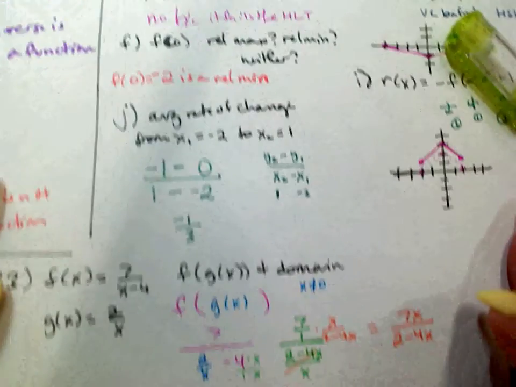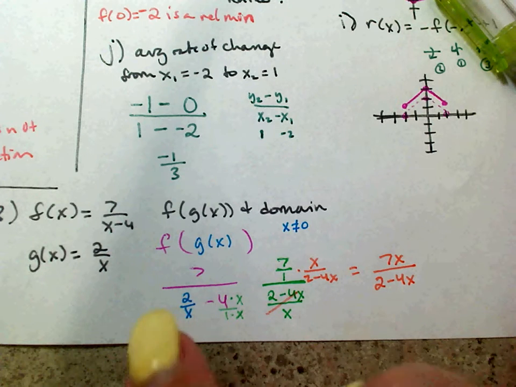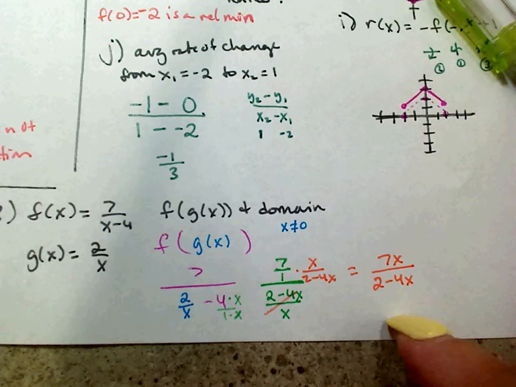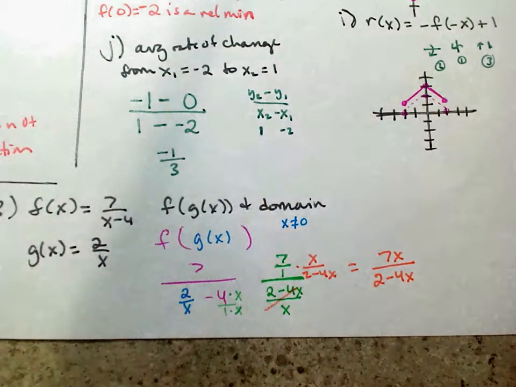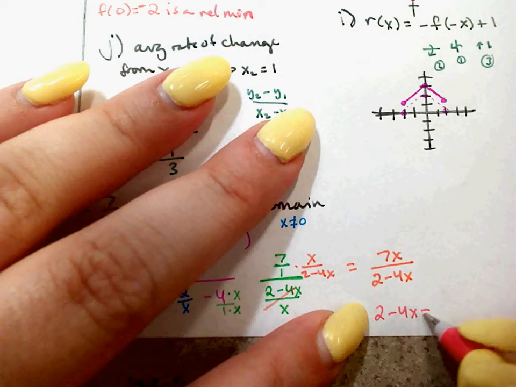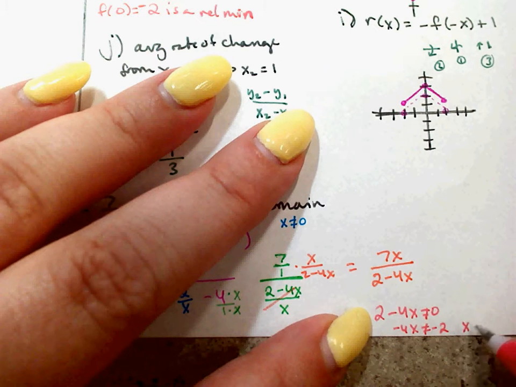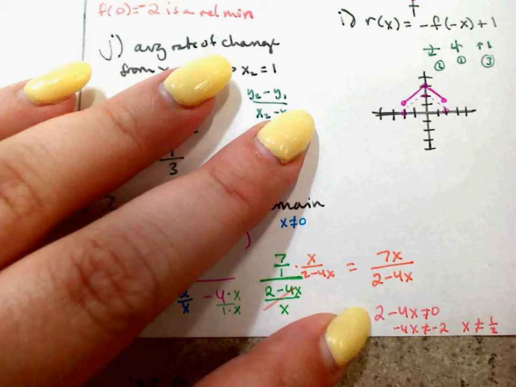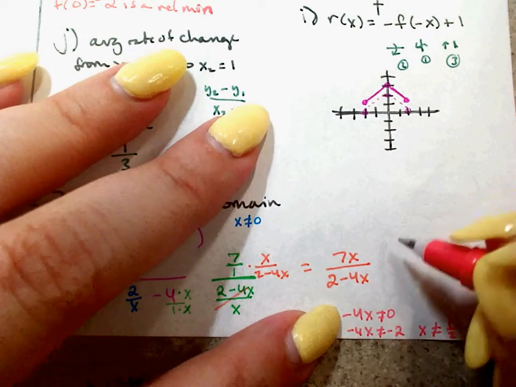The second step is to perform the composition and simplify, and we did. And then the last step is to determine if there are any extra domain issues because of a new denominator, new square root, whatever. And we do have a new issue. 2 minus 4x cannot equal 0, which means negative 4x cannot equal negative 2, which means x cannot equal positive 1/2.